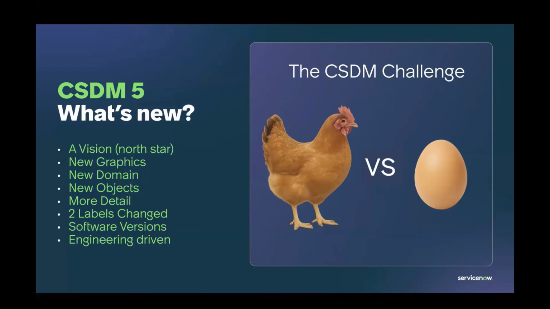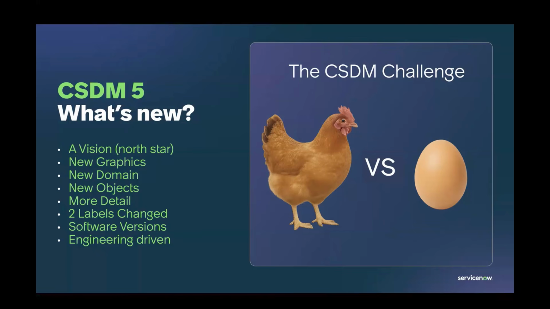What that really means is that the engineers are looking at CSDM as the engineered model for the platform. And so as we continue to evolve, the engineers are involved to make sure that we understand how the products and the platform are evolving at a ground level, basically. And so our best practices and our guidance are aligned to that.